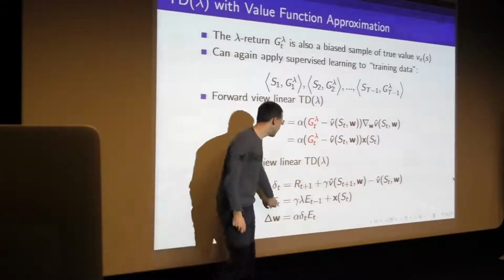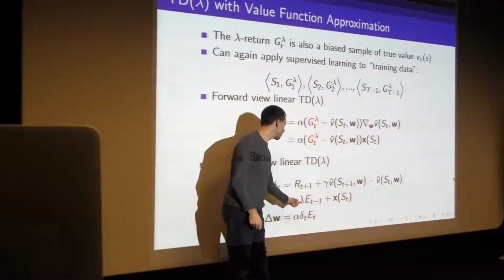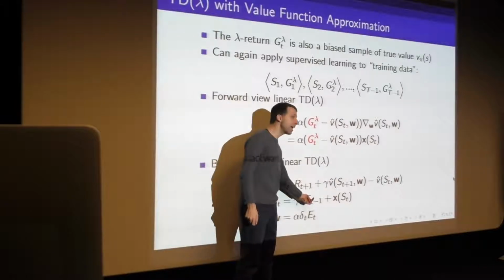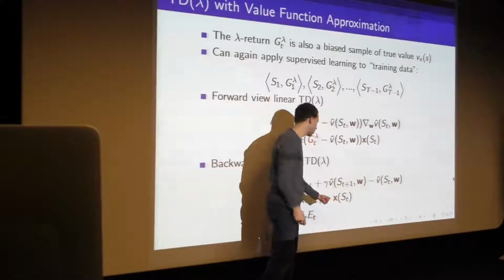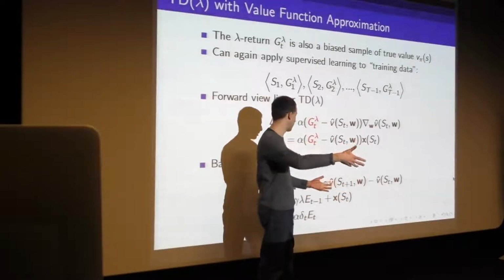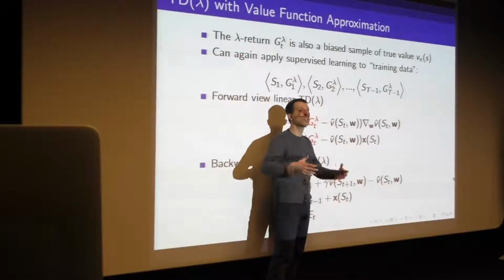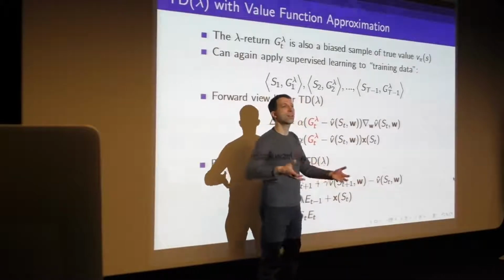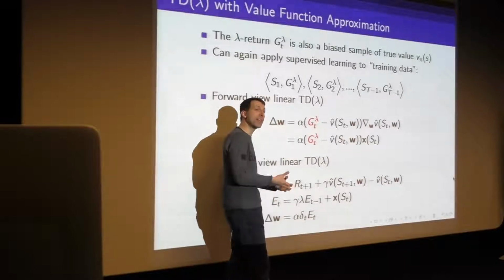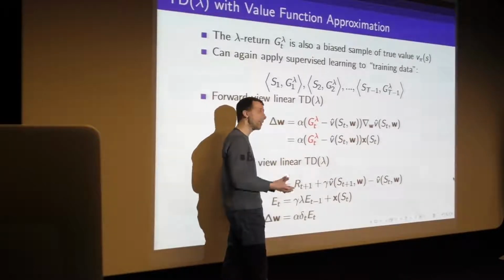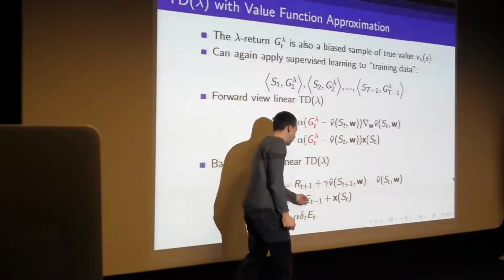So the eligibility basically says, each time you take a step, we're going to decay our eligibility a little bit, but then increase it in the direction of all the features that you've seen. So this is kind of remembering all the features that you've seen so far according to their magnitude. The eligibility trace is accumulating credit for the things that happen most and the things that happen recently, and then it decays over time again.